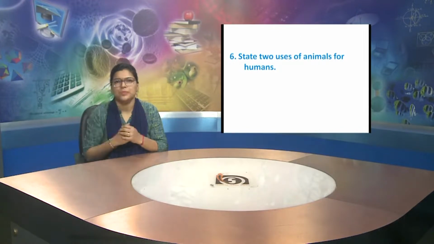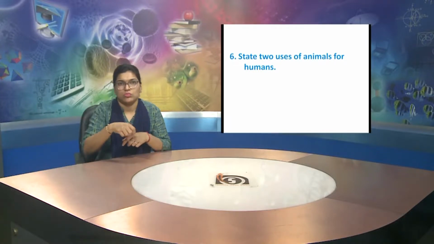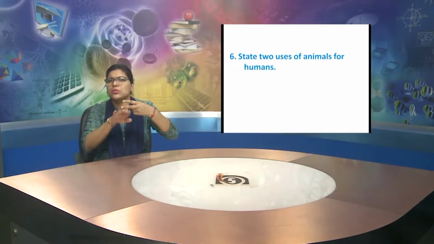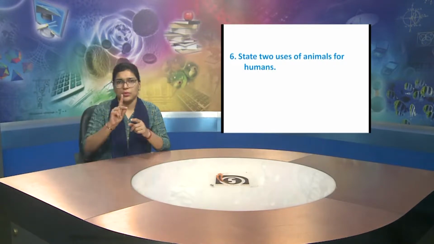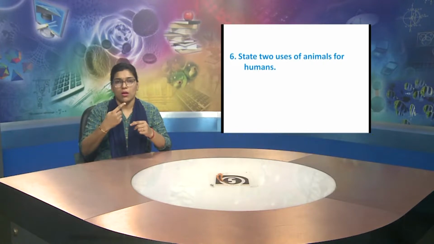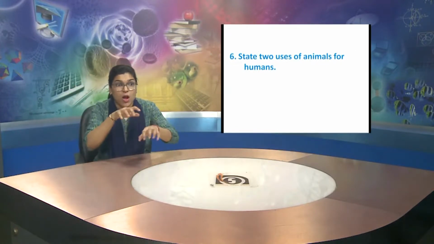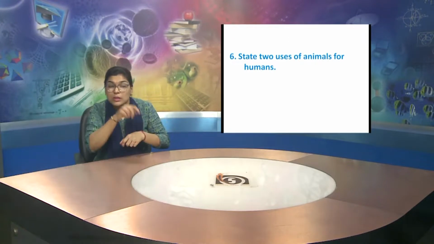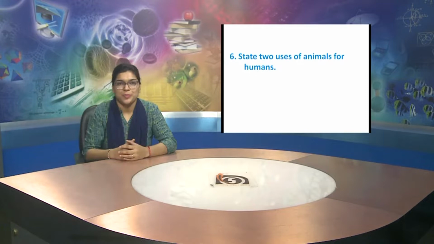Question 6. State 2 uses of animals for humans. Sorry, let us do this question again. You have to state 2 uses of animals for humans. What are the uses?